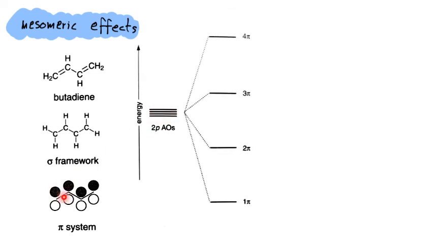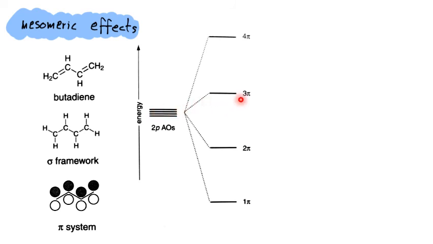But if the molecule forms now, if they begin to interact with each other to form this pi molecular orbital system, then the 4 atomic orbitals split into molecular orbitals, and the molecular orbitals have different energy levels. The 1 pi molecular orbital is the lowest energy, the 2 pi is also lower in energy than the atomic orbitals, but the 3 pi, for instance, is higher.